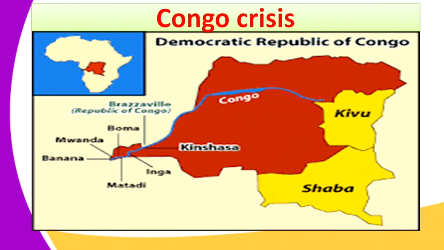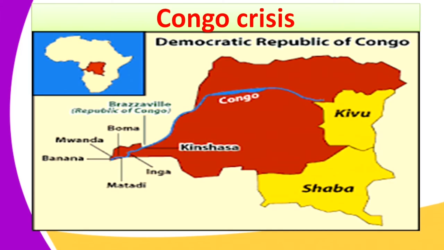France had an interest in this region, and so did Belgium and also the British. The two provinces, Kivu and Shaba, were places where there were these raw materials.